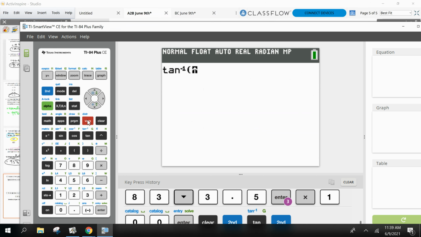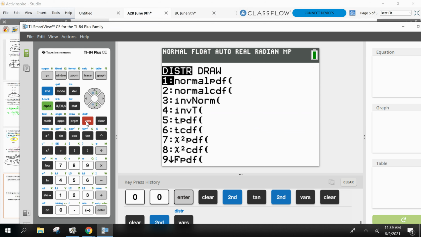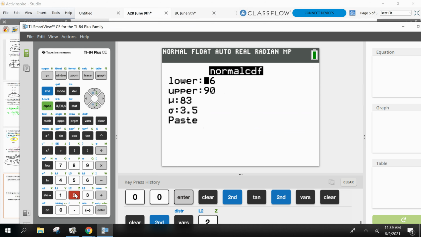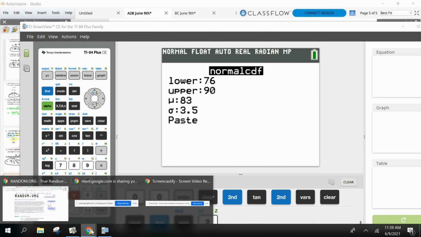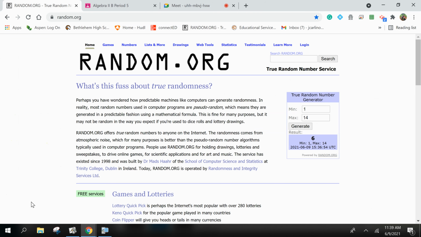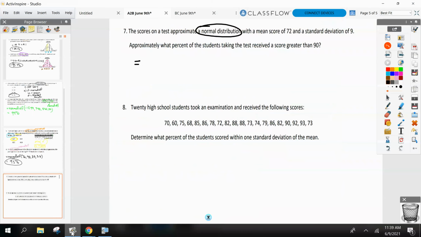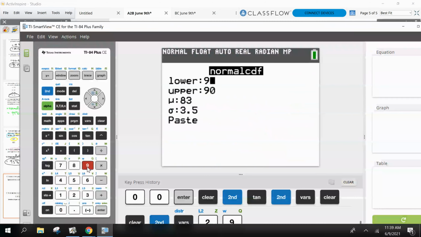Second vars. Greater than 90. What do you want me to plug into the lower then? What's going into the lower? Nick, what's going into the lower, Nick? 90.